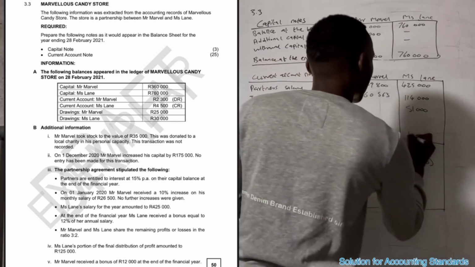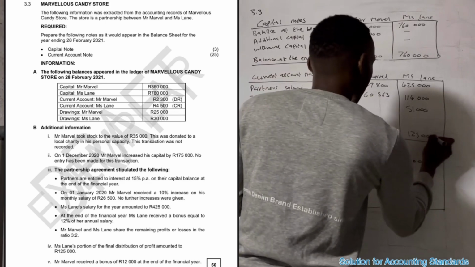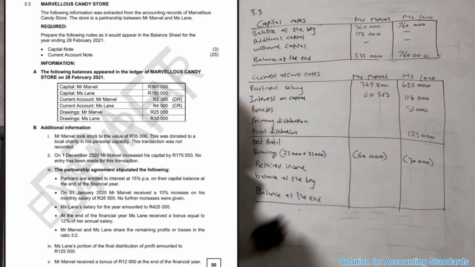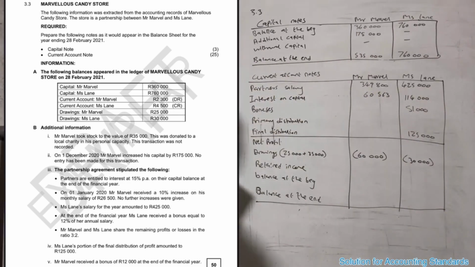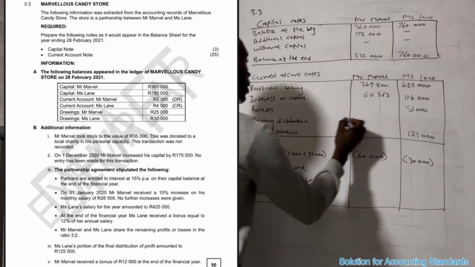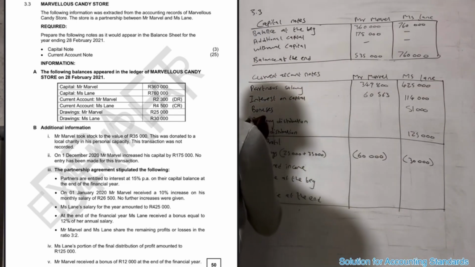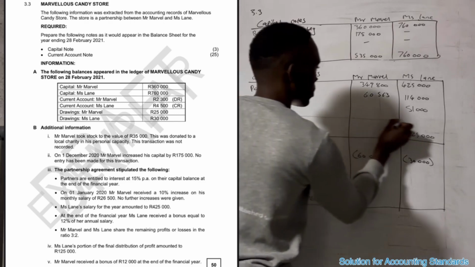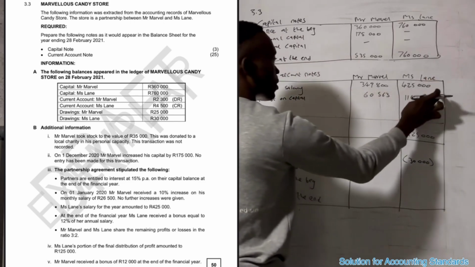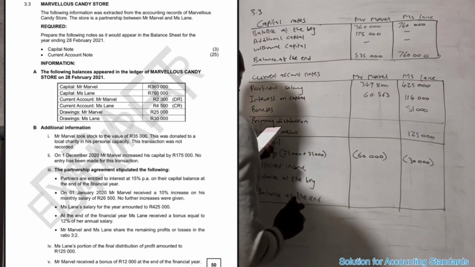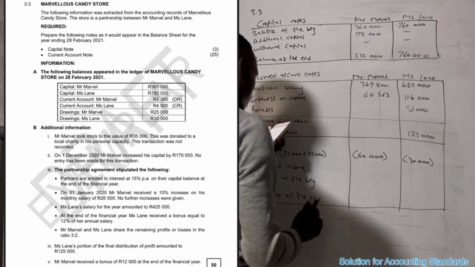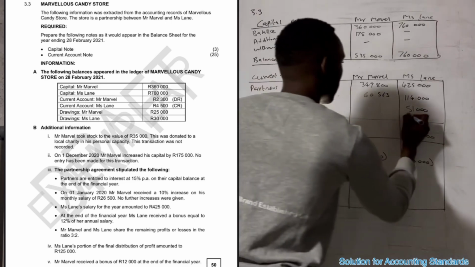It's 125. Okay, they want us to calculate this one using the ratio. But here I think let's first get the primary distribution. We just have to add everything. Well, this plus this plus this is going to give us 590.